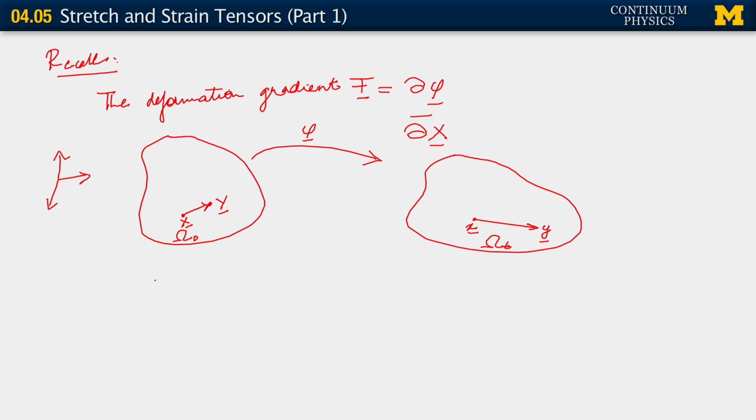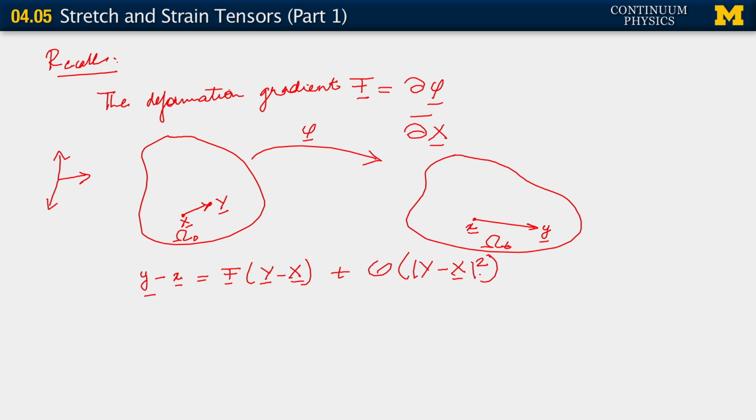We saw that y minus x equals F acting on capital Y minus capital X, the reference positions, plus other terms that are of order the Euclidean norm of Y minus X squared.